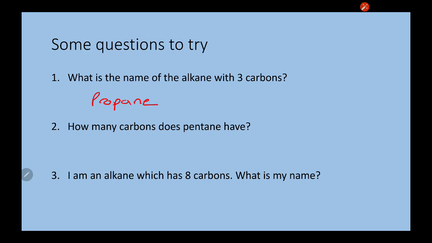Well, that must be 5. Number 3, an alkane which has 8 carbons. What is my name? Meth, eth, prop, but, pent, hex, hept, oct. And it's an alkane, so it's ANE on the end, it's octane.